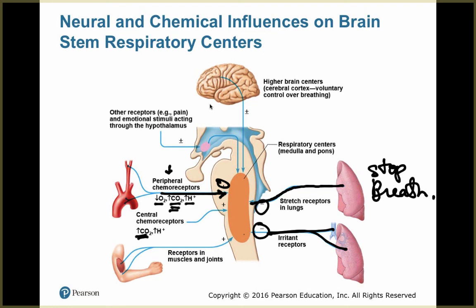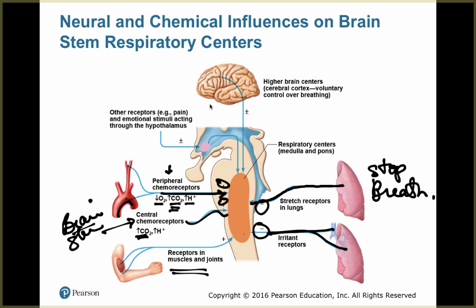You can see that the peripheral ones are in the aortic arch and the carotid artery, where the central ones here are in the brainstem. But when they do this, both of these are going to increase inhalation, right?